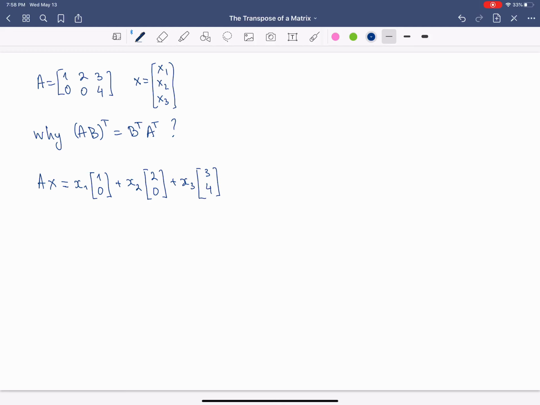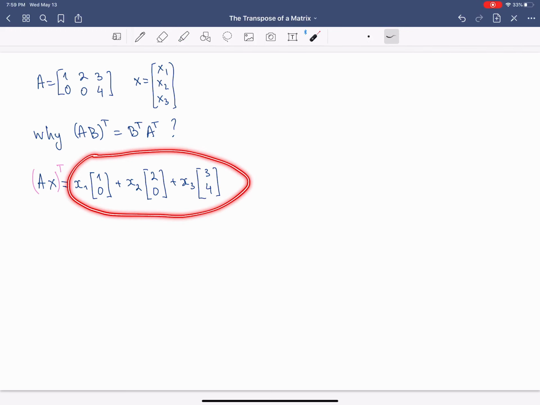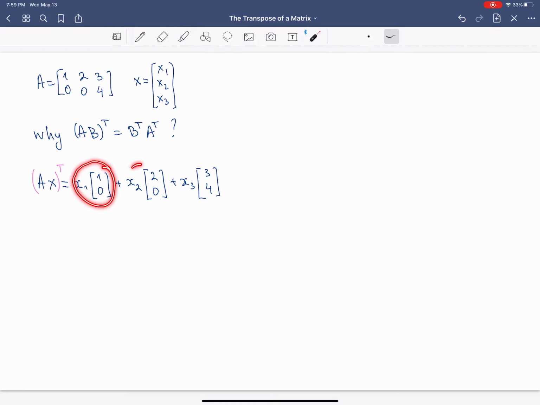Now, if I were to look at the transpose of A times x, obviously that is the transpose of the sum that I have here on the right. But by that first formula, we know that I could just transpose each component and things would make sense. Here, the x1, x2, x3 are just numbers, so there is nothing to transpose.